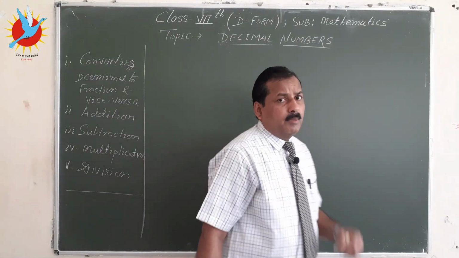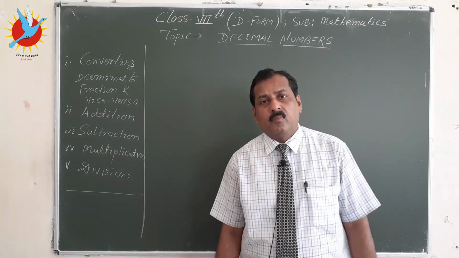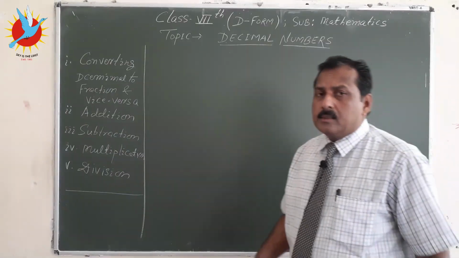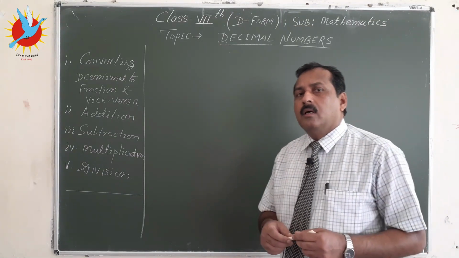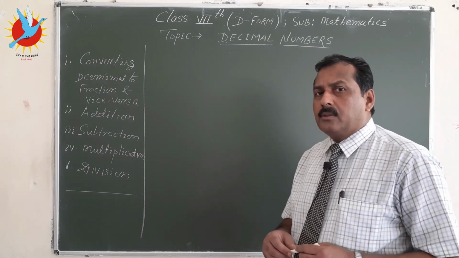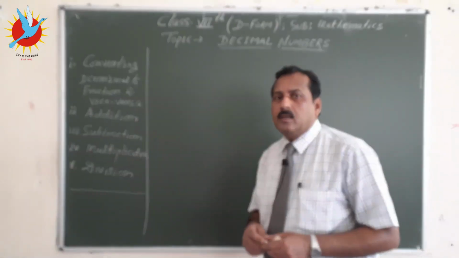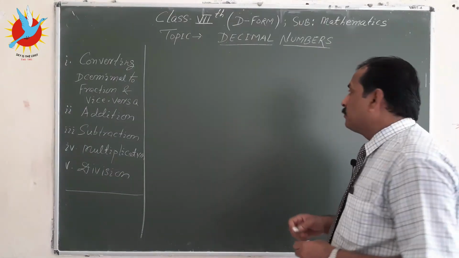Before decimal numbers, we have already covered fractions. So let us take an example to understand the relation between fraction and decimal, and let us try to get the idea of a decimal number. Let me take an example.